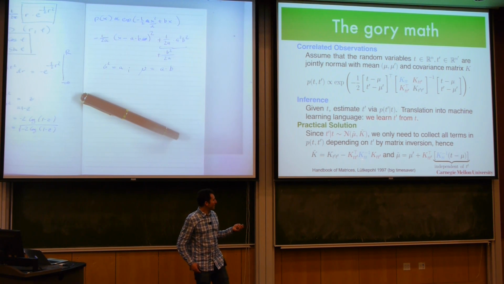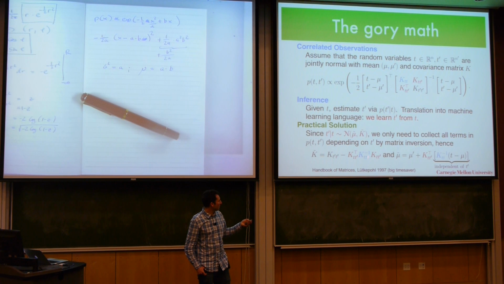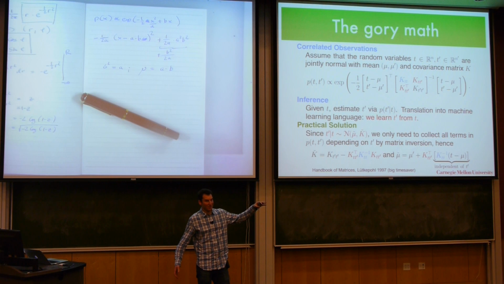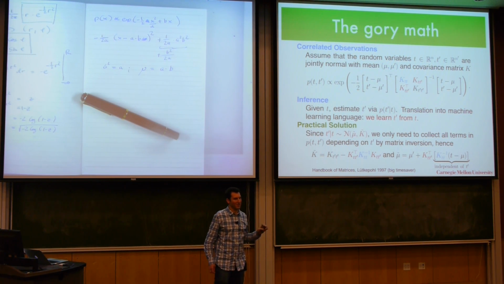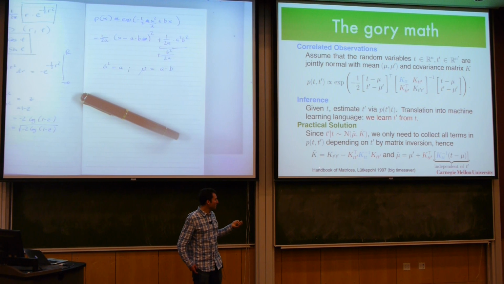The other thing is, it's inversely related to the variance in the t's. So if the variable that I'm using for prediction is super noisy, if it's very uncertain, then of course having a strong correlation doesn't help me so much. So that goes exactly the way you would expect it to go.